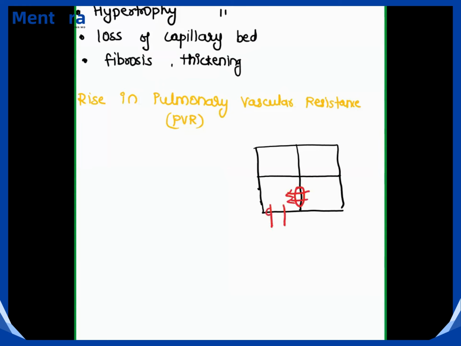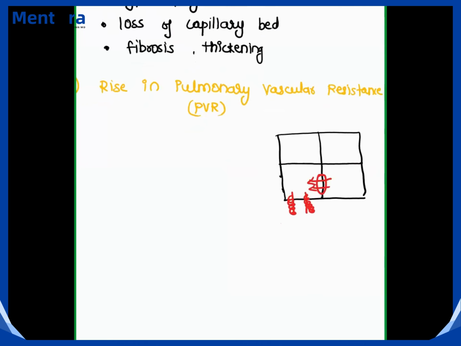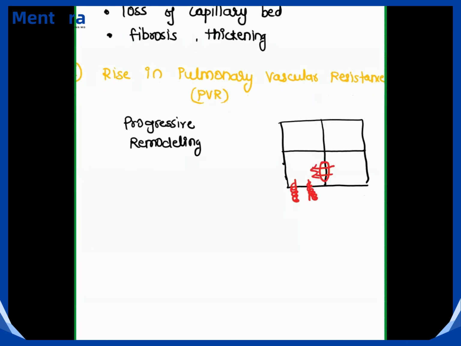Because of continuous pressure, these vessels are now thickened. There is fibrosis. With this progressive remodeling, the reversible increase in pulmonary vascular resistance becomes irreversible.